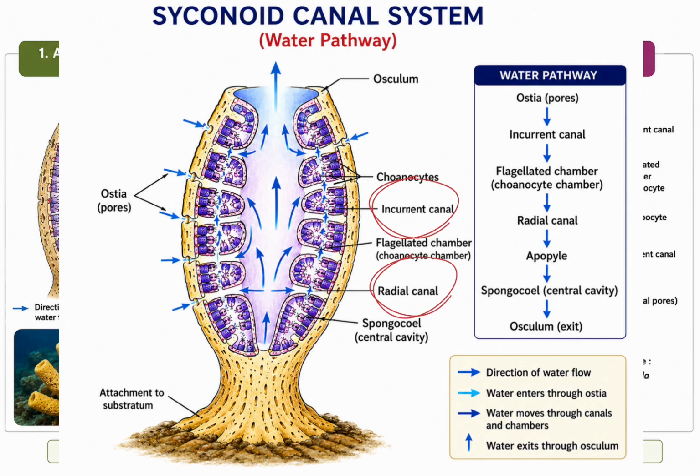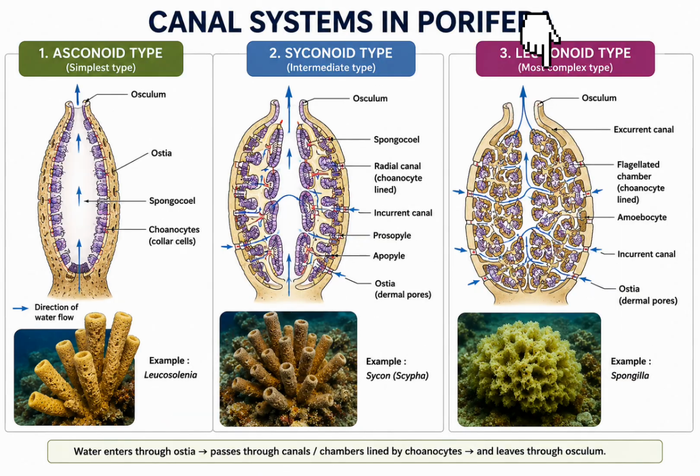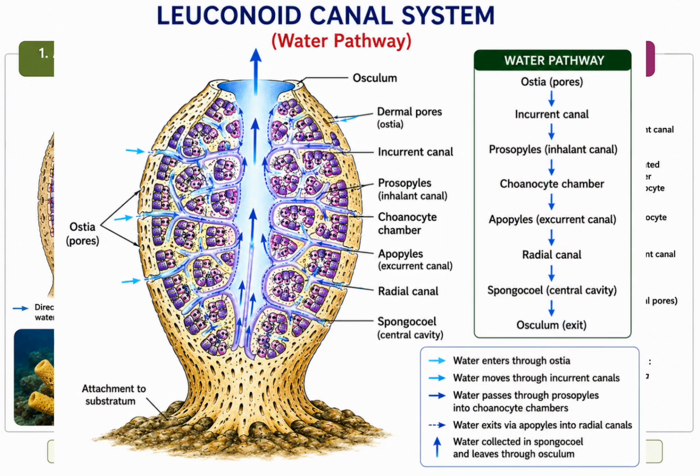There are incurrent canal and radial canal. The water pathway will be from ostia, incurrent canal, prosopyle, radial canal, apopyle and spongocoel and finally to the osculum. The radial canals are lined by choanocytes. Example, Sycon or Scypha.